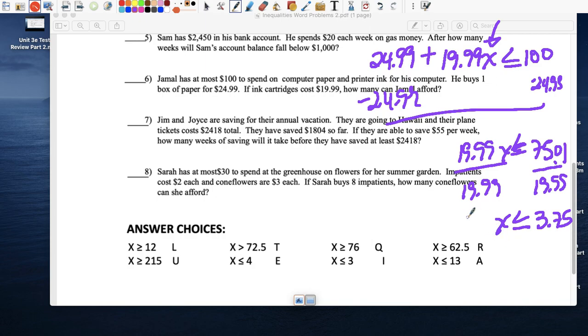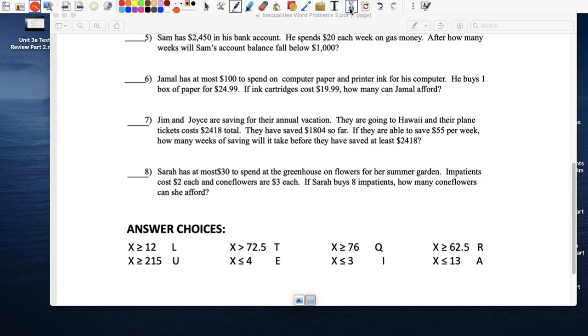So the number of ink cartridges he can buy is 3.75 or less. Now, we know he can't buy 0.75 of an ink cartridge, so in this case, the number he can buy is 3 or less. Do we have 3 or less? Yeah. Okay. All within the context of the story.